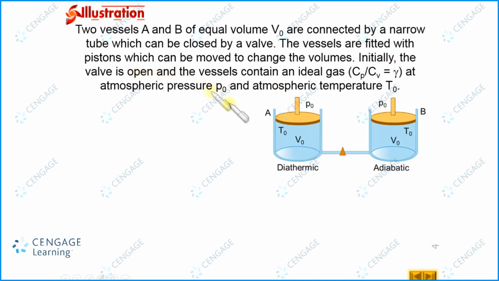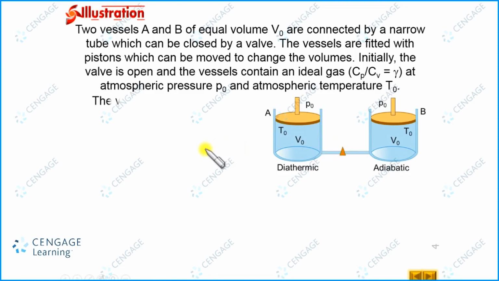Initially, this valve is open. That means both vessels A and B are interconnected, and it is given that the gas in the container has the adiabatic constant equal to Cp by Cv equal to gamma, and it is also given the atmospheric pressure. The gas is at the atmospheric pressure P0 and atmospheric temperature T0, and initially the valve is open.